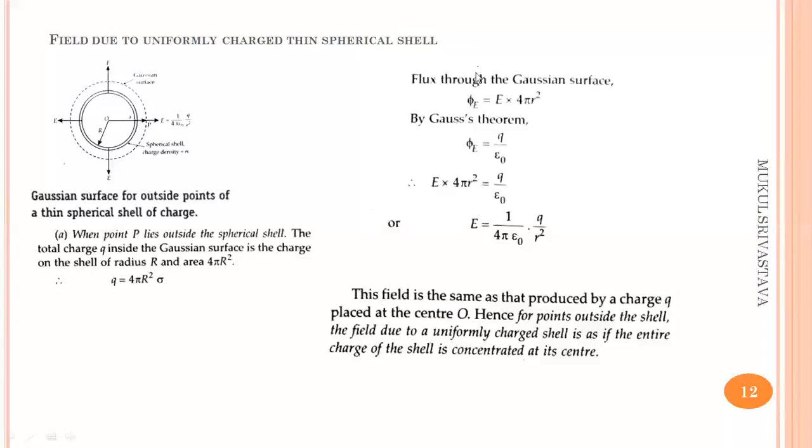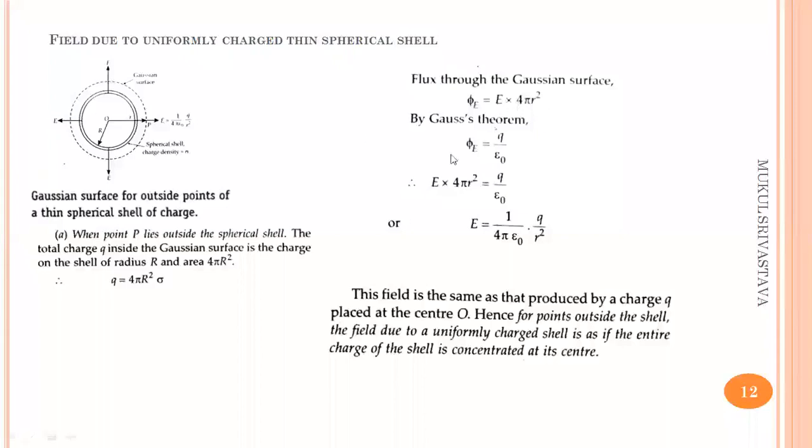Now, as we know, the flux through this Gaussian surface on which the point P lies is given by phi equals E into 4 pi r square. Now applying Gauss theorem, phi equals Q upon epsilon naught.